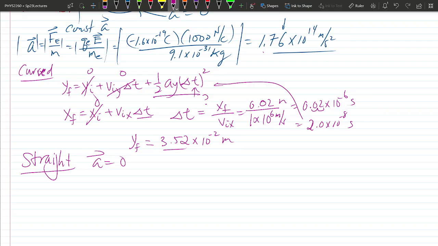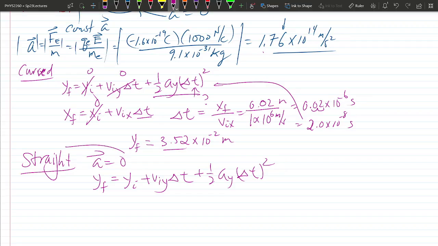Therefore, y final is going to equal y initial plus v i y delta t plus 1/2 a y delta t squared. This delta t is different, so be careful these variables don't connect to each other. Since acceleration is 0 there, this whole term in the back is 0.